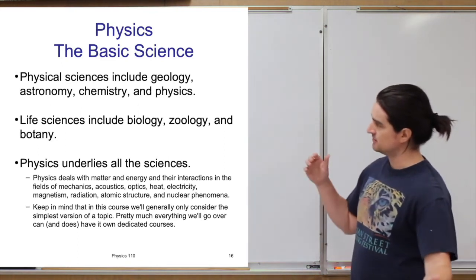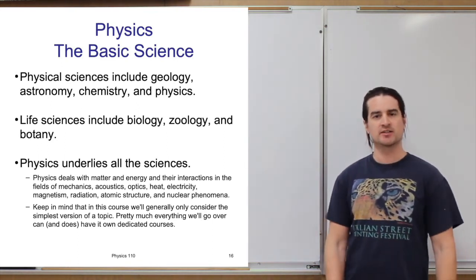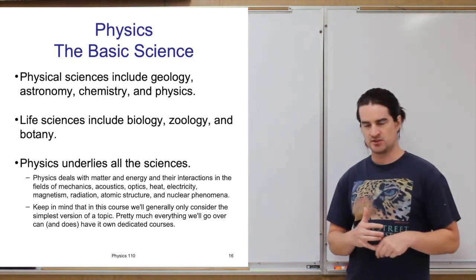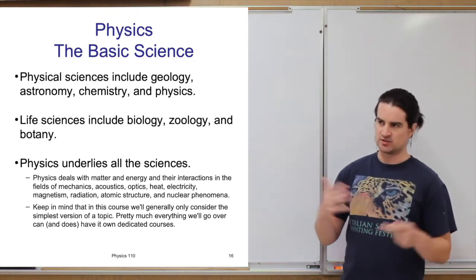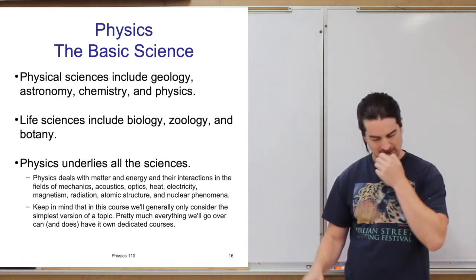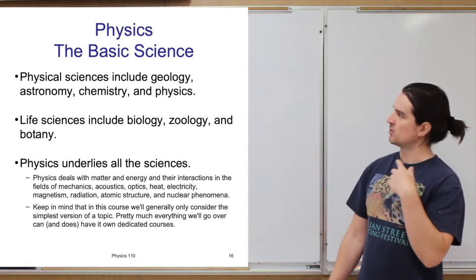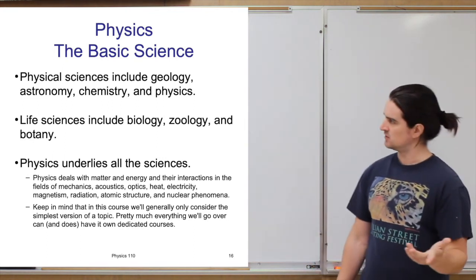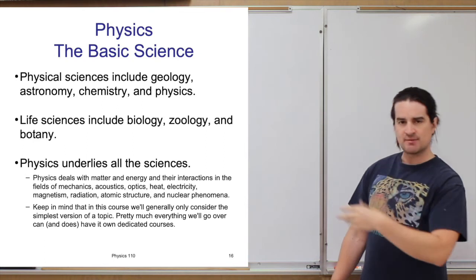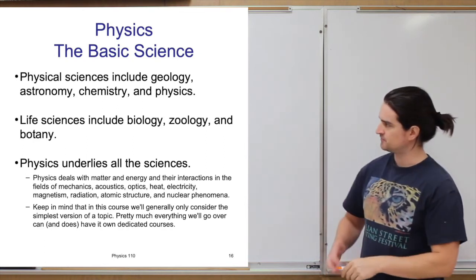Alright, and finally, talking all about science, right? So physics is one of the main branches of science. Technically, there's different ways to think about the categorization or the branching of science. Physics is part of what we would call the physical sciences, and those are, say, geology, astronomy, chemistry, physics.